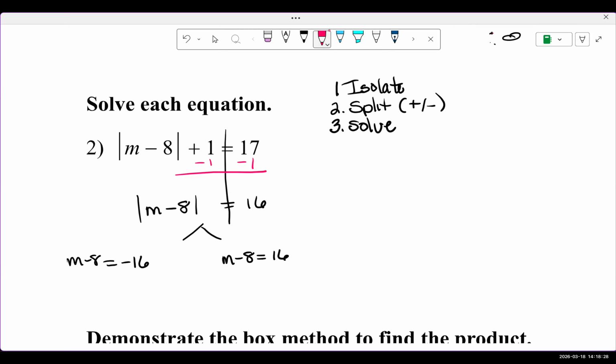Okay, so now treat them as two separate equations. The opposite of minus 8 is plus 8. So m is equal to negative 8. Add 8 over here and you get 24. So I have negative 8 and 24.